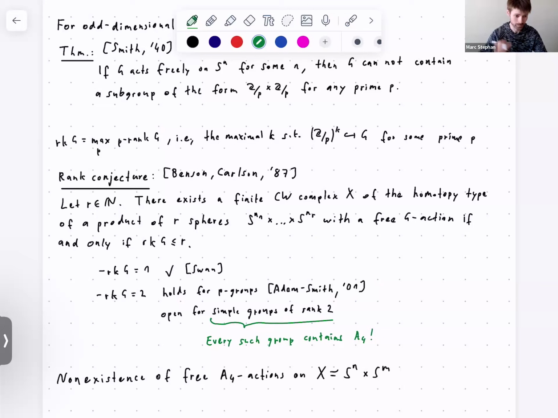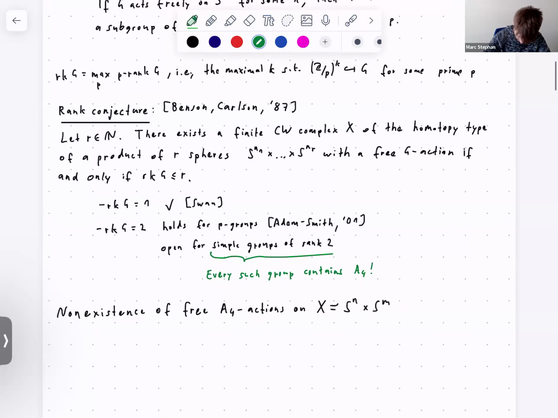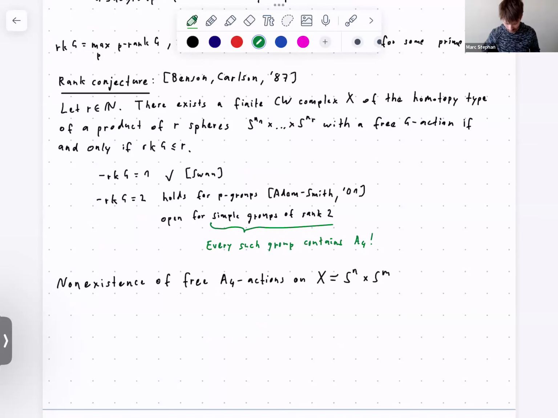And there are some non-existence results for dimensions where we cannot have a free A4 action. So free A4 action on a finite CW complex X of the homotopy type of S^n cross S^n. Namely, Bob Oliver showed that we cannot have a free action when the dimensions are the same. And then Placzek in 2013 gave an overview of what is known and also proved that we cannot have a free A4 action on S^1 cross S^n.